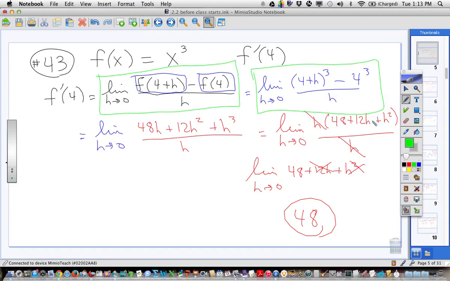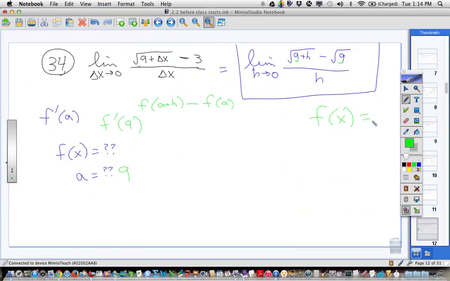Okay, it's coming. Hang in there. 4 plus h, we plug in for x. 4, we plug in for x. So wherever we see the 4 plus h, listen carefully, is where the x must have been, because that's where the 4 plus h gets plugged in. So this must have been x cubed.